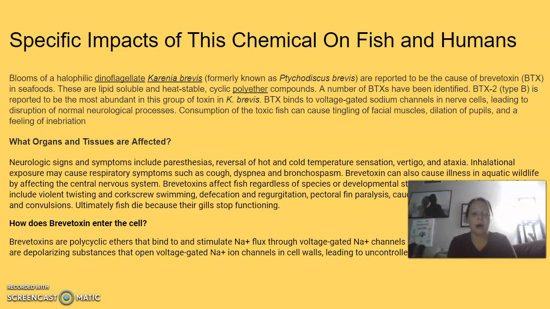So they are polycyclic ethers, which we have discussed. They bind to and stimulate sodium flux through voltage-gated sodium channels in nerve and muscle. These toxins are depolarizing substances that open voltage-gated sodium ion channels in cell walls, leading to uncontrolled sodium influx to the cell.